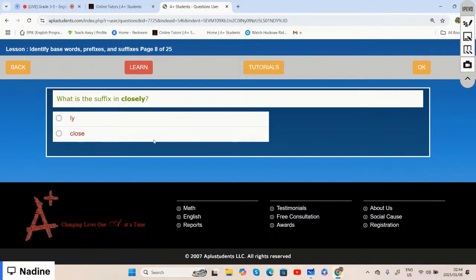What is the suffix of the word closely? The suffix is a word that we add at the end of our base word. Closely. Is it option one, ly, or option two, close?